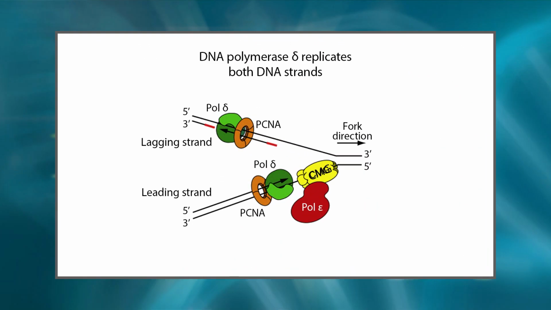While polymerase alpha initiates DNA synthesis, polymerase delta and polymerase epsilon perform the majority of the DNA replication, with pol delta synthesizing the lagging strand and pol epsilon synthesizing the leading strand. Given the importance of accurate DNA replication, the proper function of these enzymes is critical to maintain DNA stability.